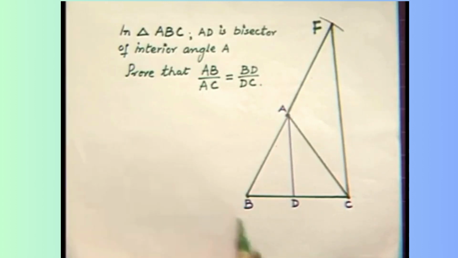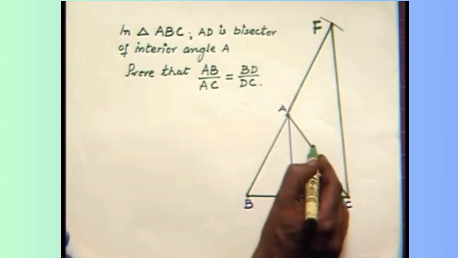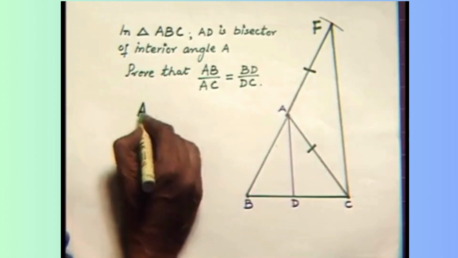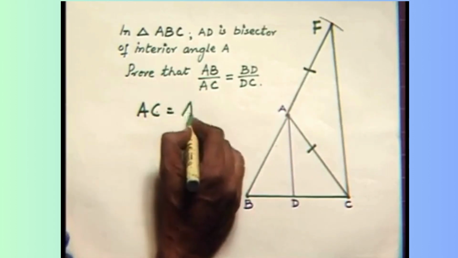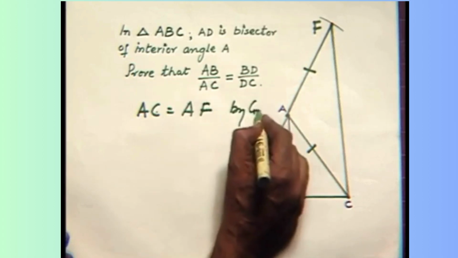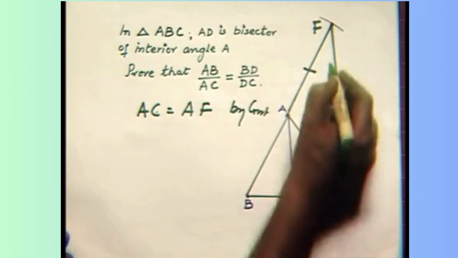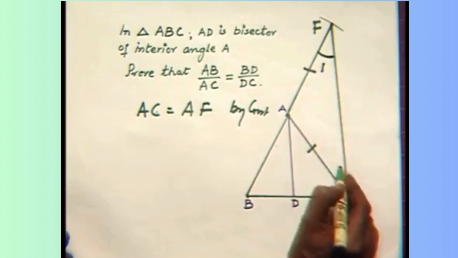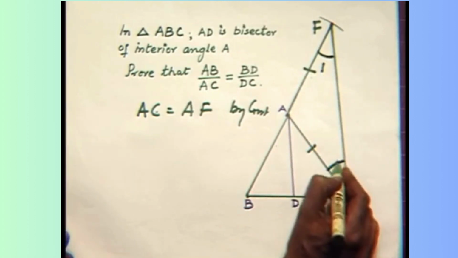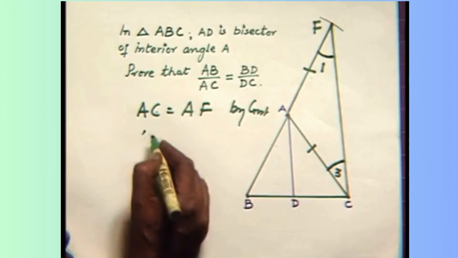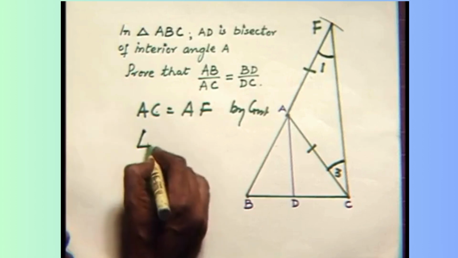Now, here this side has been constructed equal to this side, that is AC is equal to AF by construction. So, therefore, angles opposite to this side, this angle, if I name this angle as 1 and this angle 3, so angle 1 will be equal to angle 3.